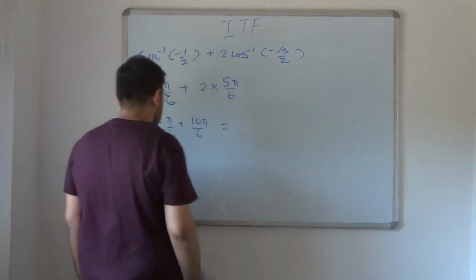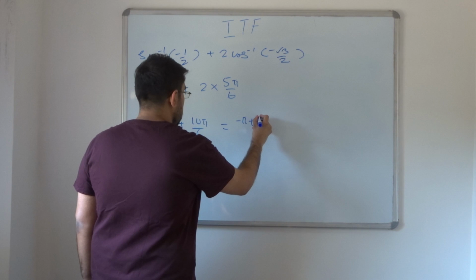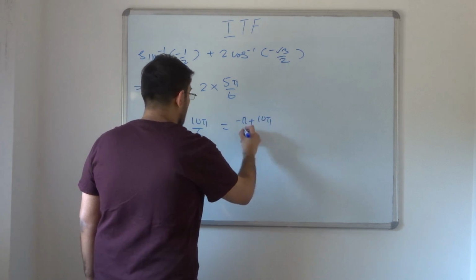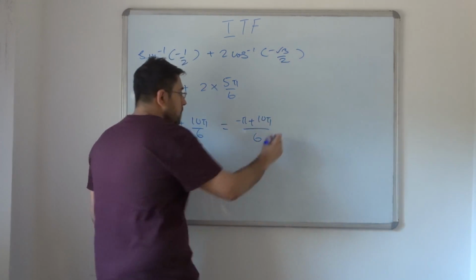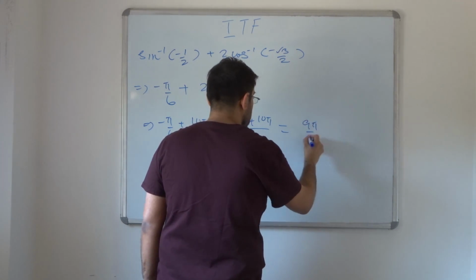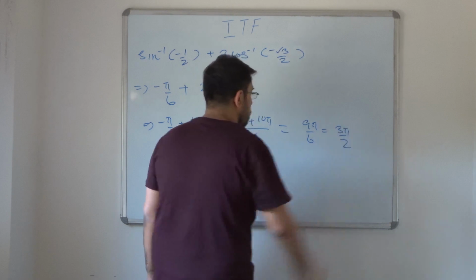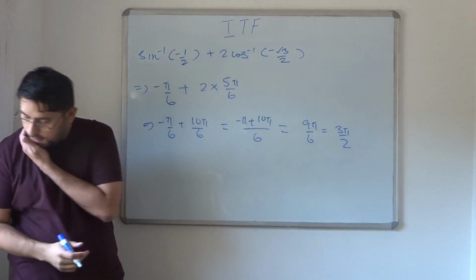Okay, so negative pi plus 10 pi upon 6 gives you 9 pi upon 6. So then you get 3 pi upon 2.